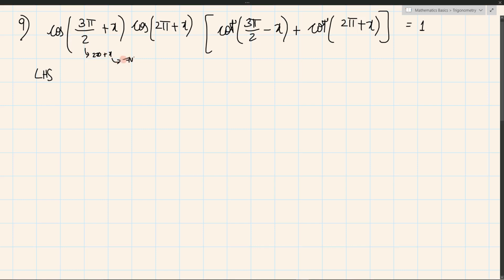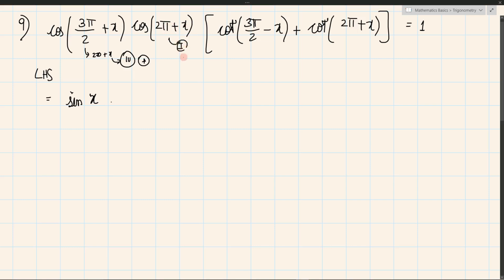So in the fourth quadrant, cos is positive. Since we have pi by 2 forms, cos will be converted to sine. So we have sine x into cos of 2 pi plus x, right? So 2 pi is nothing but 360 degrees, 360 plus x is nothing but this is in the first quadrant.